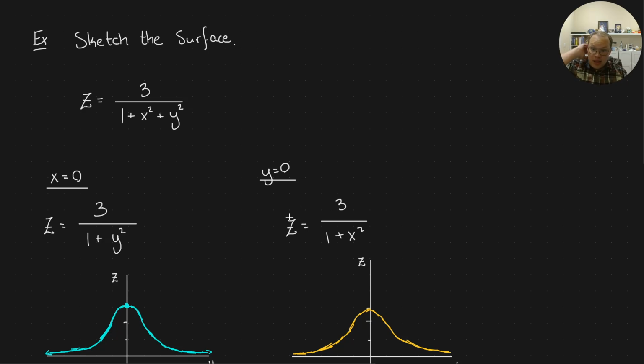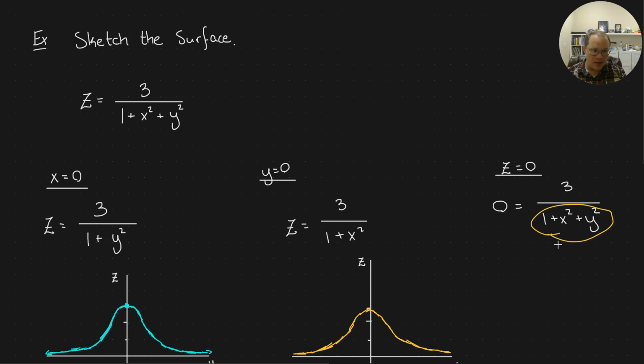Now let's set z equal to 0. Now, we already kind of mentioned this. I can't set z equal to 0, right? If I set z equal to 0, then I get 0 equals 3 over 1 plus x squared plus y squared.